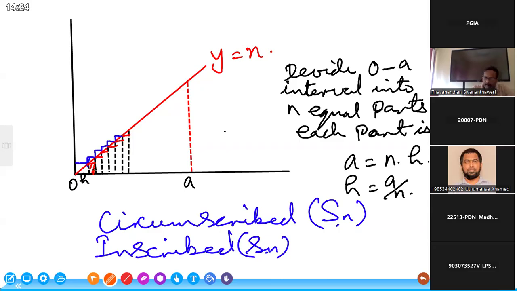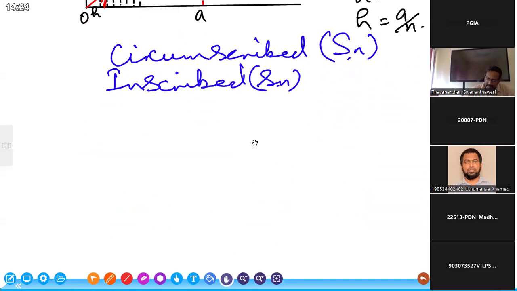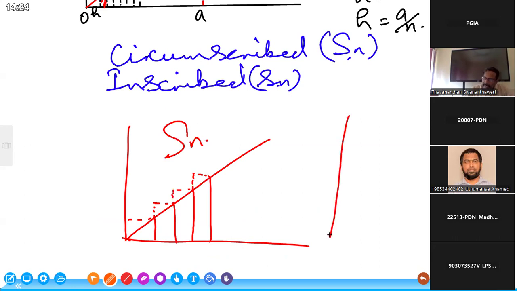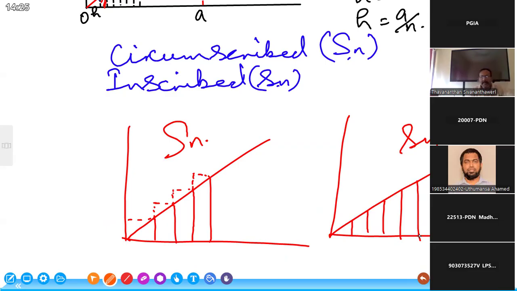In other terms, if you draw it, this is your circumscribed method, taking the rectangles. Inscribed method, simple sn. Assume that these are smaller h distances, right?